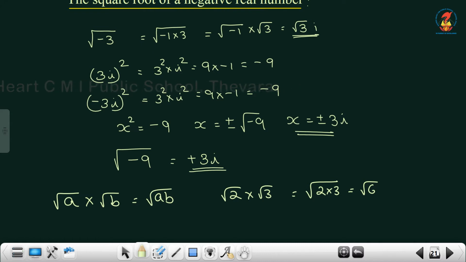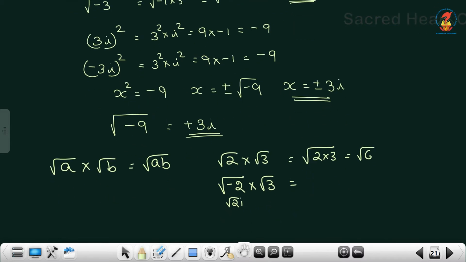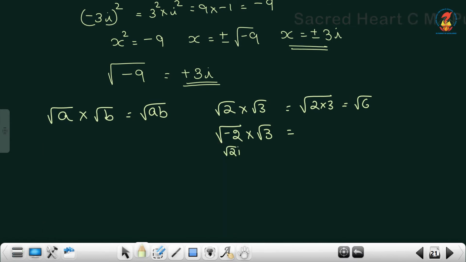I took positive numbers. If one number is negative, for example if 2 is negative, so root of minus 2 into root 3, then can we write like this form? Root of minus 2 into 3. Root of minus 2 is same as root 2i, root 2i into root 3.